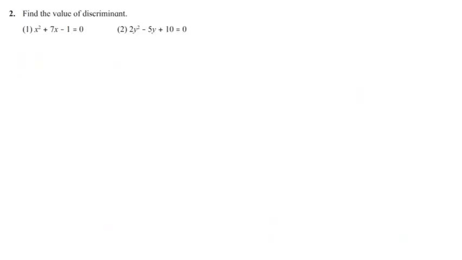Now question number 2. Find the value of discriminant. See, to find the value of discriminant, first compare given quadratic equation with general form of quadratic equation. Okay. Therefore, we compare x square plus 7x minus 1 equal to 0 with general form ax square plus bx plus c equal to 0.